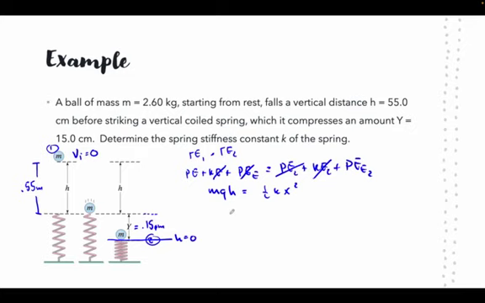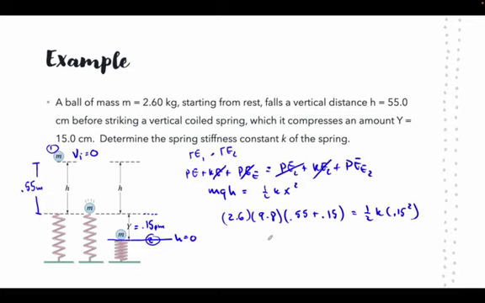So then m 2.6 times g 9.8 times height 0.55 plus 0.15 equals 1/2 k times 0.15 squared.